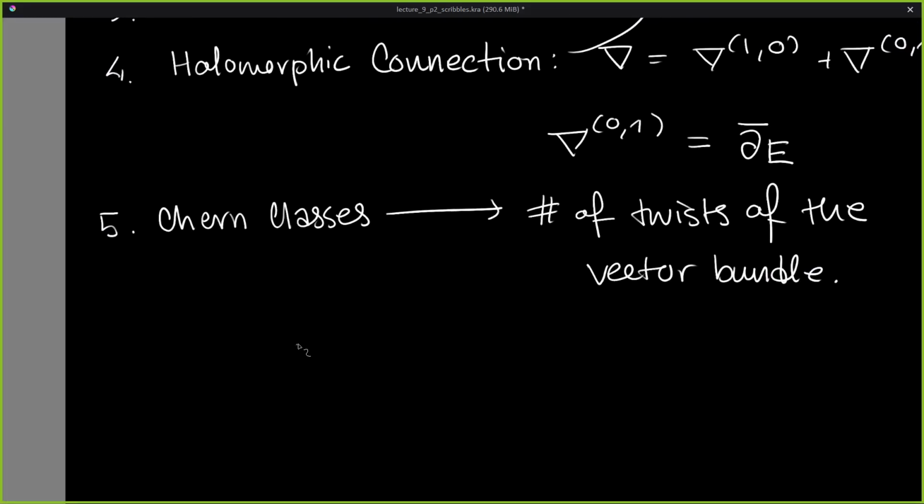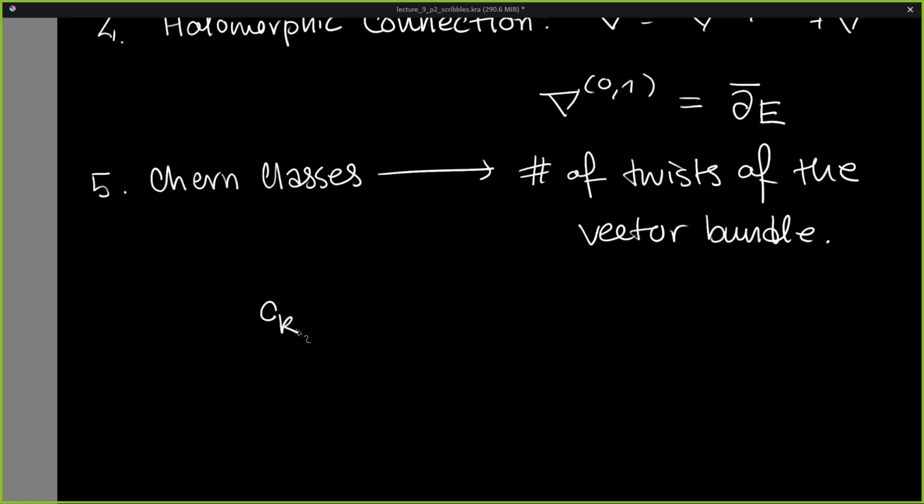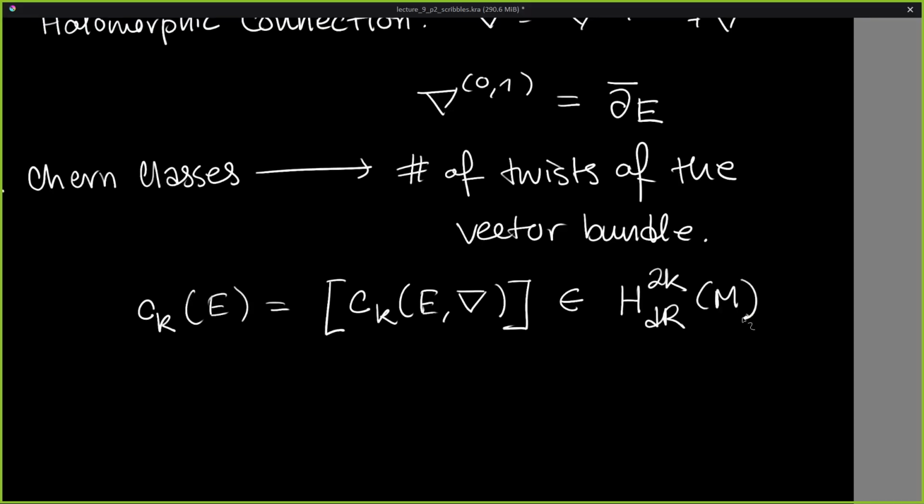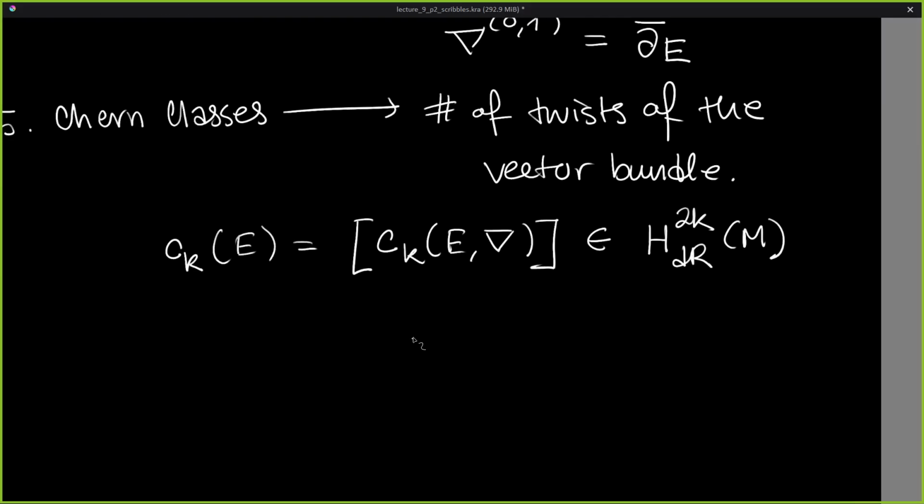And we looked at their definition, which is that ck of E is equal to the class of ck of E nabla, which are elements of H^2k de Rham of M, where M is the base manifold.